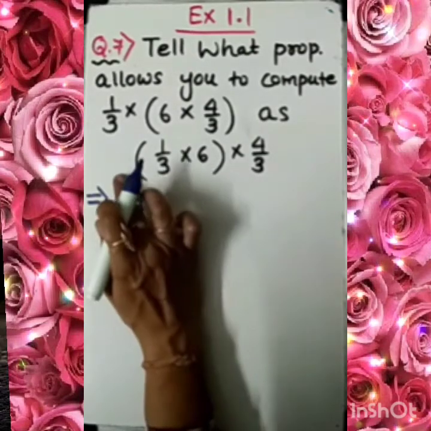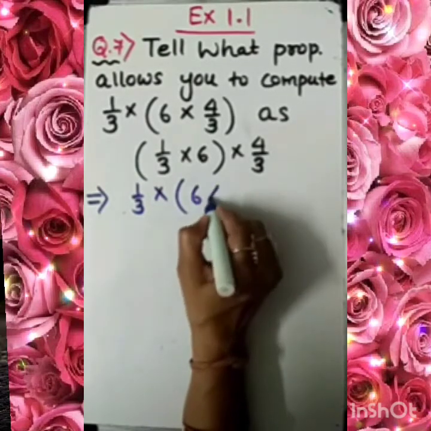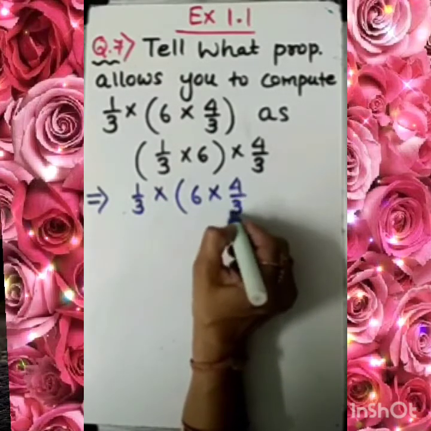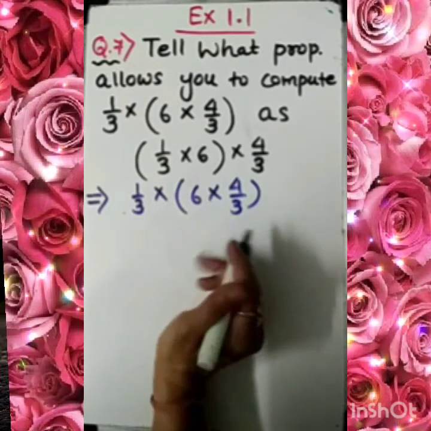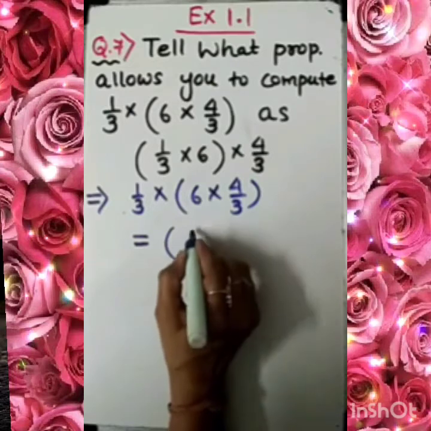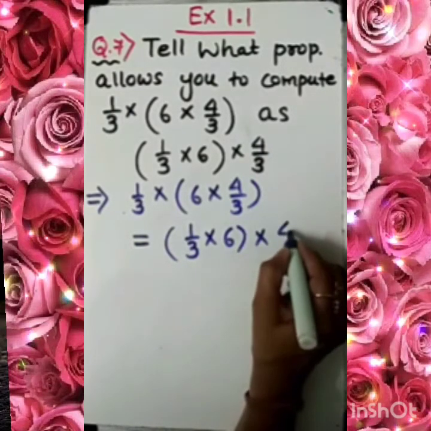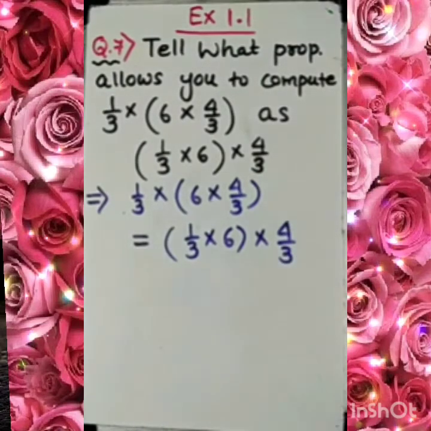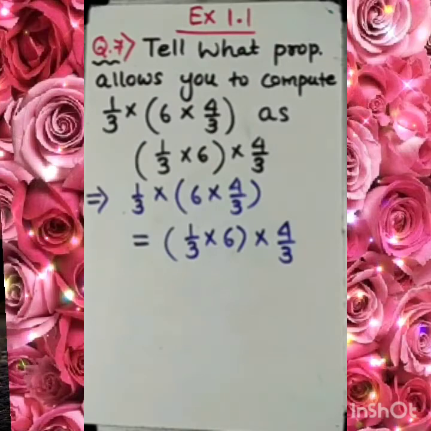1 by 3. This first time we are making the group. You can see we are making the grouping of these two terms, these two fractions. And second time we are making the group of first two terms. Clear to you? So this property is known as associative property.